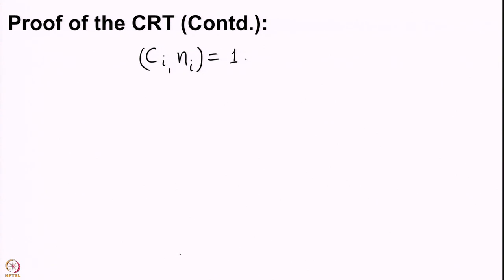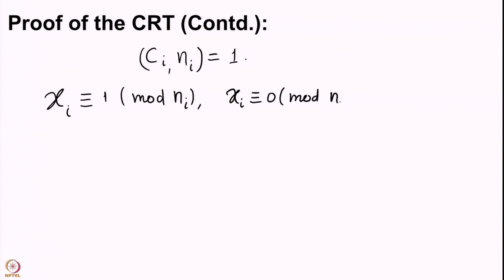And let us again recall what we were looking at for xi. We wanted xi to be 1 mod ni and xi to be 0 mod nj for each j not equal to i.